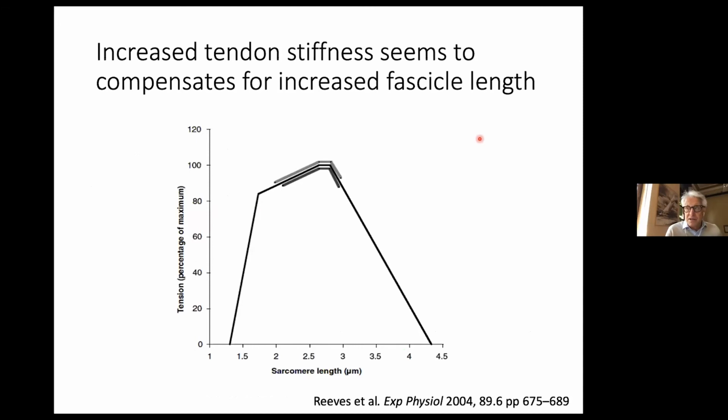And this was because as the individuals trained, tendon stiffness increased, as we saw before, and the increase in tendon stiffness tends to limit the amount of shortening of the fascicles themselves, enabling the fascicles to operate even after training in the same region of the length-force relationship that we theoretically estimated from the Hill model.